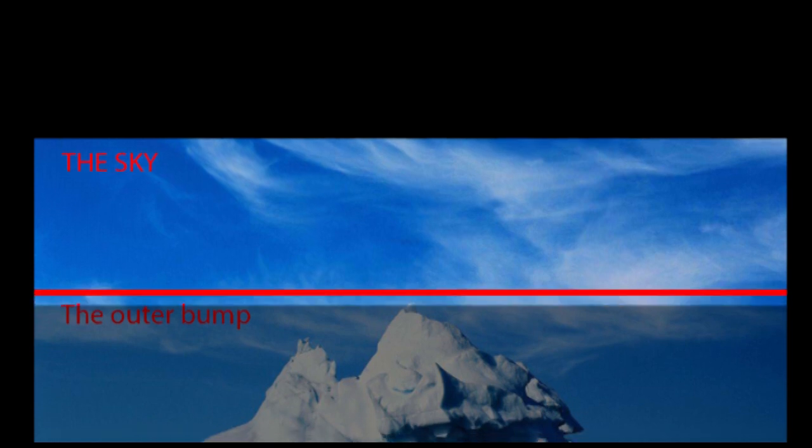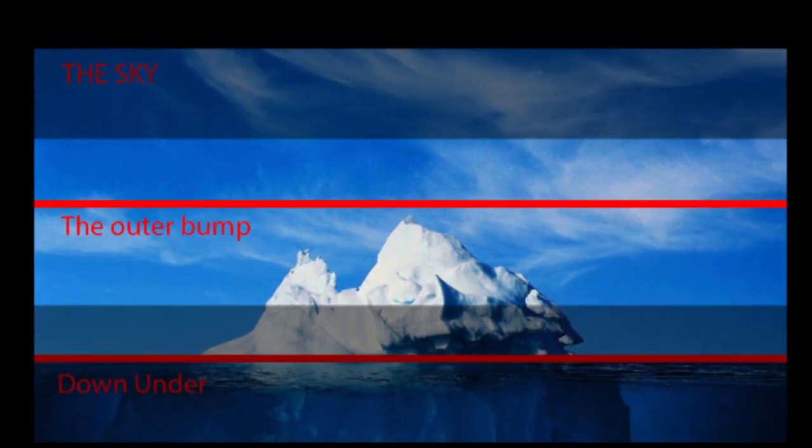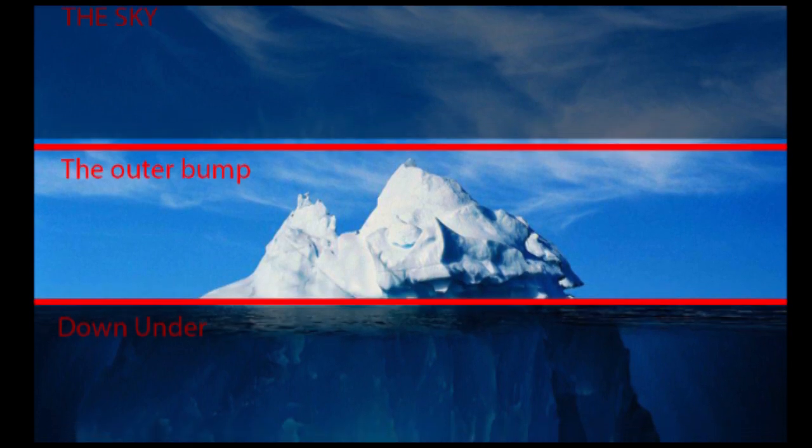Number two, the outer bump. This is the little sticky-up part that comes out of the water, and it kind of looks like the top of an ice cream, like a soft serve. Strikingly, this is the only part you can actually see above the water. I know right now we can see the rest of it, but that's because we're looking at a photo that goes under the water.